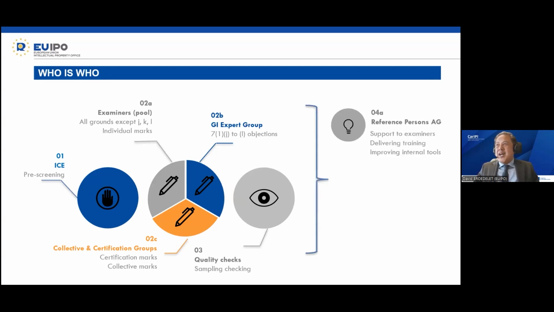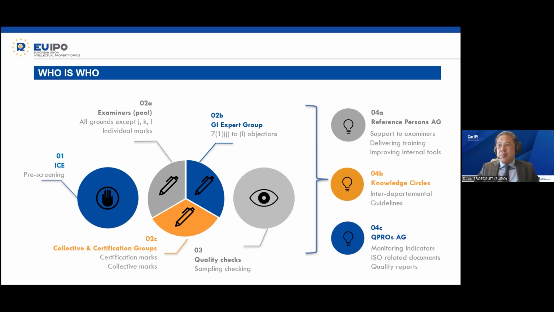And then we also have so-called reference persons, which are senior and experienced examiners who help out others. We have so-called knowledge circles, which is 4B. In the EUIPO we also have a separate legal department who do not examine themselves, but they are expert lawyers.